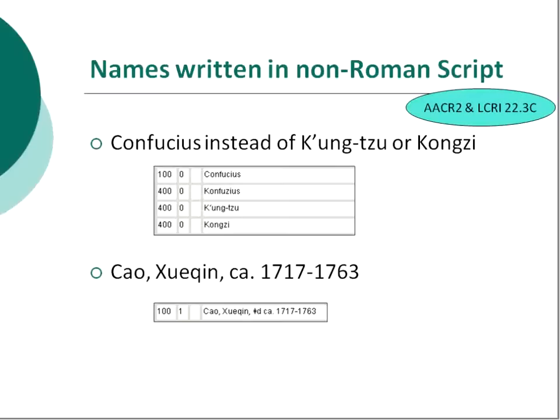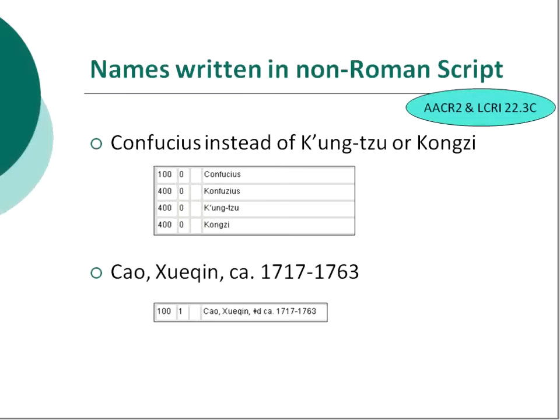Most of the names we work with today are either too recent to appear in the reference sources, or the authors are one-time authors who published once, so they are not likely to appear in the English reference sources. In these cases, the default decision is to systematically romanize the form of the name and use that in the 100 heading.